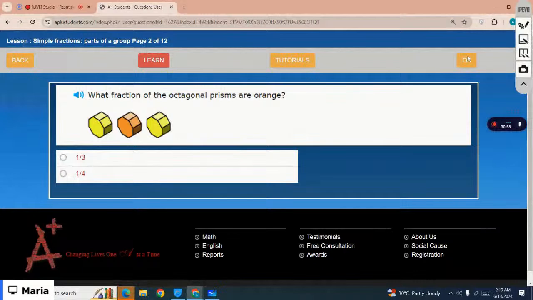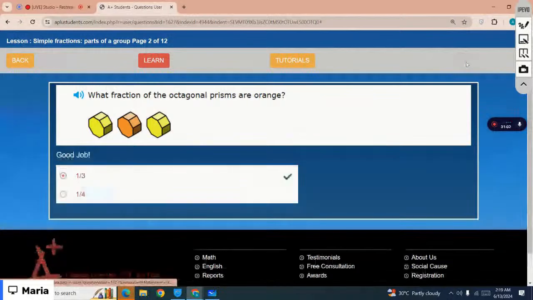Yes, very good. That is 1 out of 3. The total prisms are 3. One of them is orange. That would be 1 out of 3.